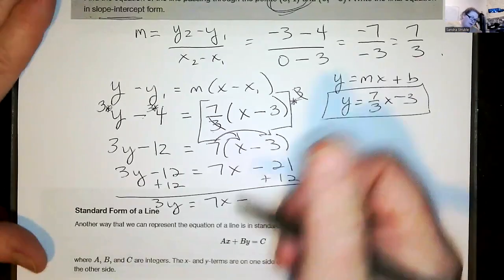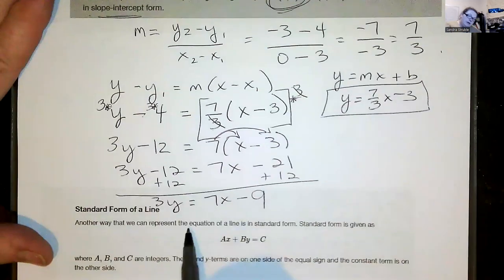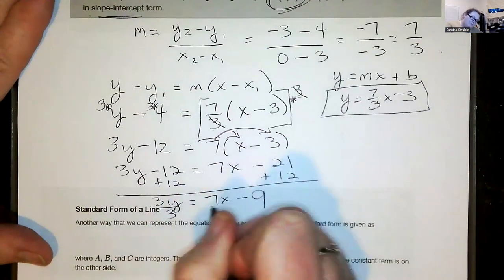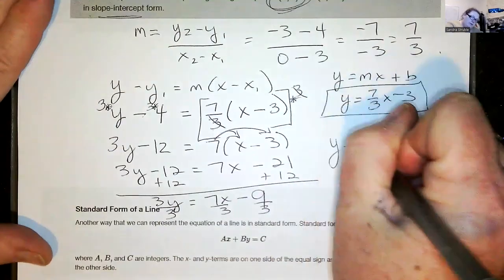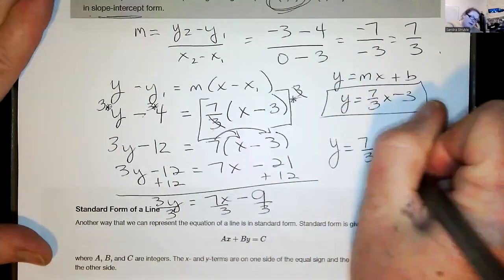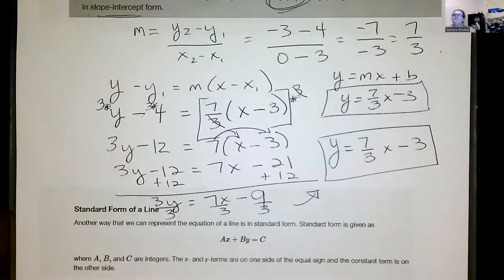I keep saying 9, but I just wasn't seeing it. Minus 9. And then we're going to divide all terms by 3. So I get y equals 7/3 x minus 3 from here. So it turned out great.